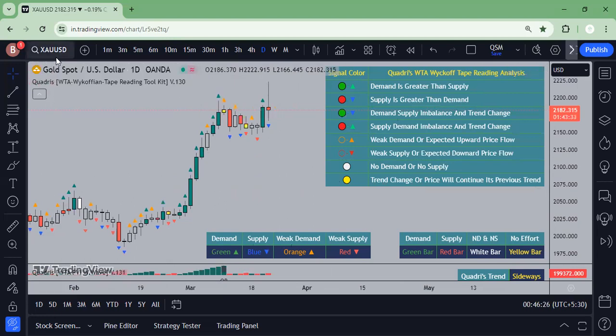Like in XAUSD, we are looking at the 1 day chart. Even if you change the script, it doesn't matter. Either you take stocks, indices, anything.